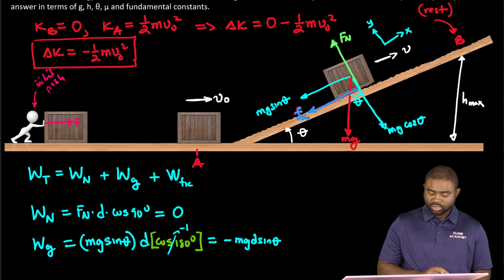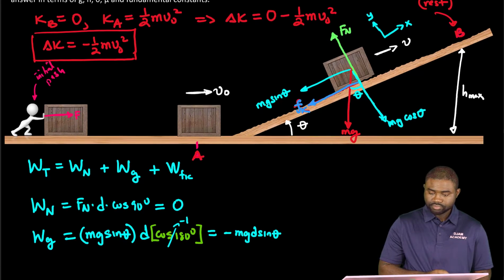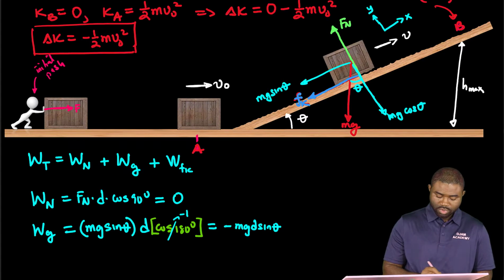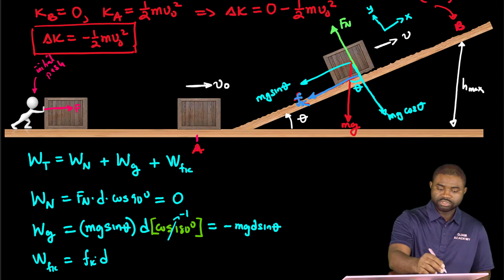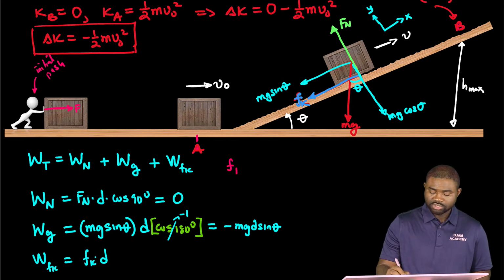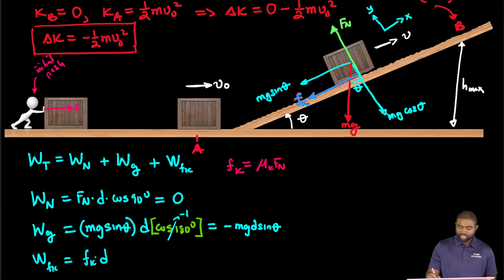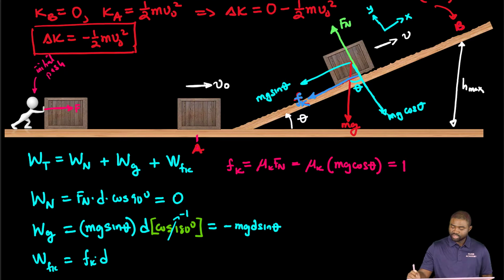Now, the work done by friction is going to be equal to the friction force multiplied by d. So the question is, what is the friction force? By definition, the friction force is just equal to mu k Fn, which is equal to mu k mg cosine theta.